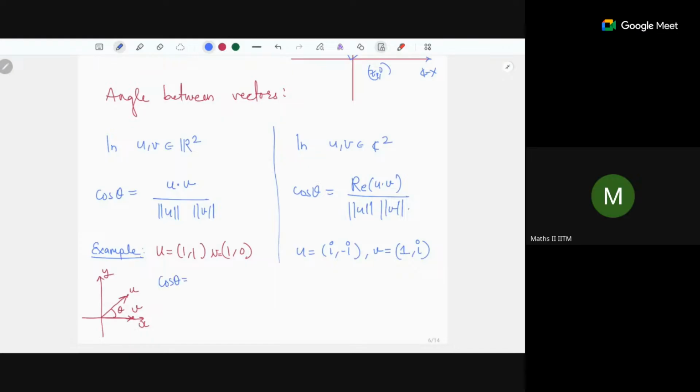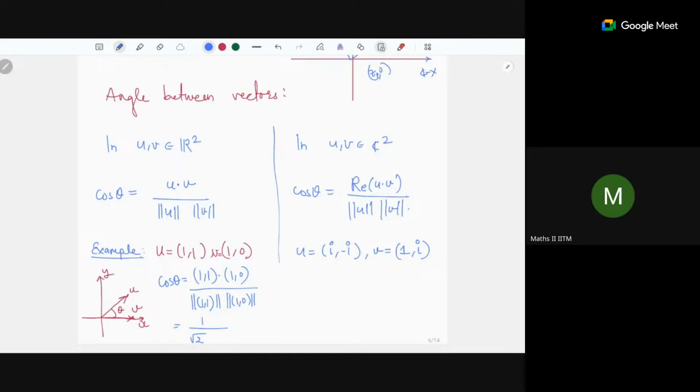Cos theta is precisely (1,1) dot (1,0) divided by the norm of (1,1) and the norm of (1,0). The dot product is 1, divided by square root of 2 times 1. It is 1 by square root of 2.